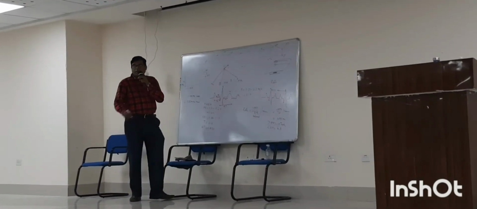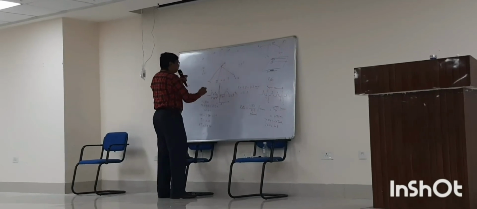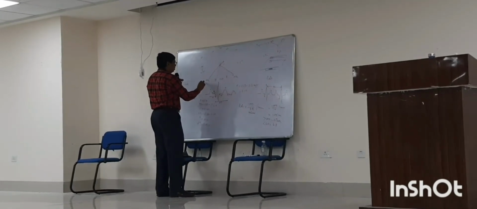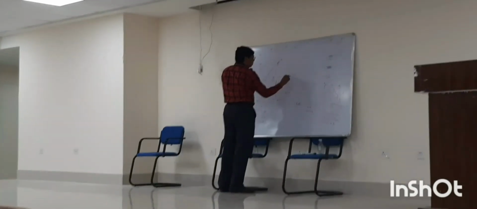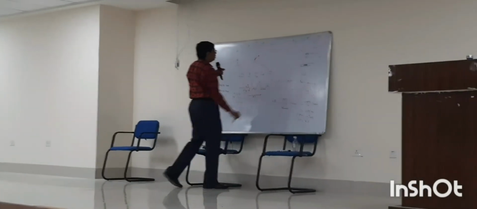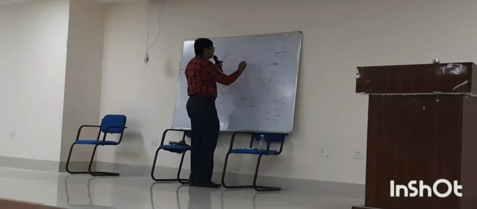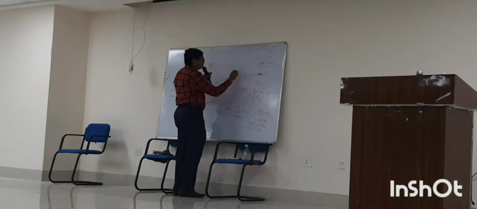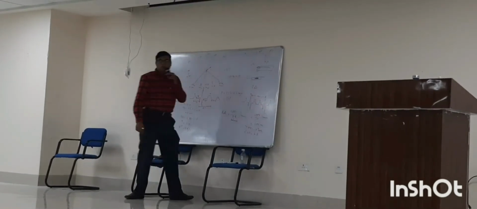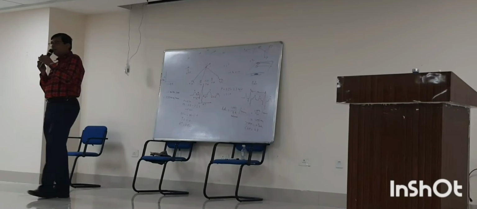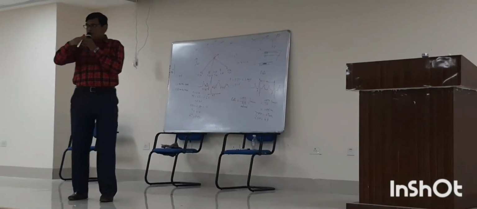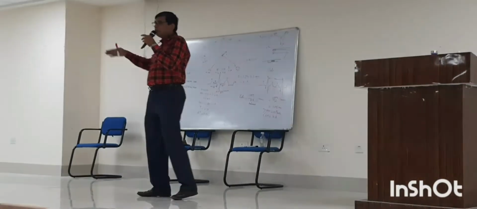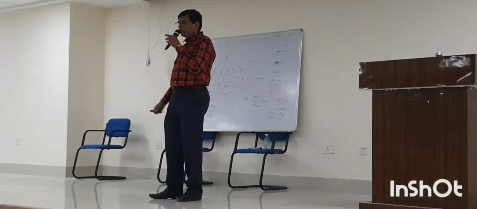The normal electrical axis is minus 30 to plus 110. If it is deviated near minus 30, it is left axis deviation. If it is deviated toward plus 110, it is right axis deviation.